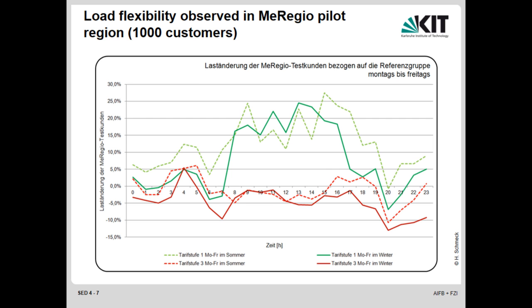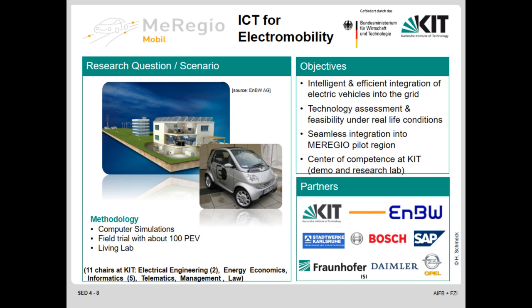And I have shown you this diagram already. And then we had this project Meregio Mobile, where we added electric mobility. So there the idea was how to integrate electric vehicles into a smart home environment.